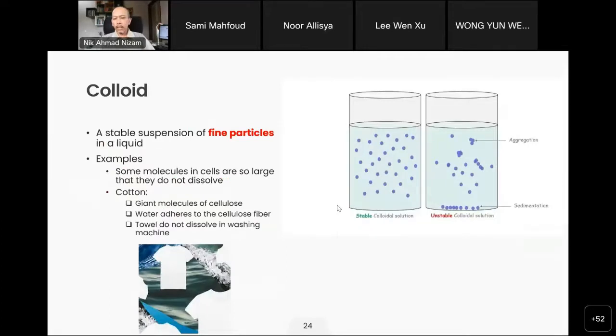One more thing is about colloid. There is a situation where very fine particles are not dissolved in water, but it looks like dissolved. The fine particles are dispersed inside the solution, for example a stable colloidal solution.